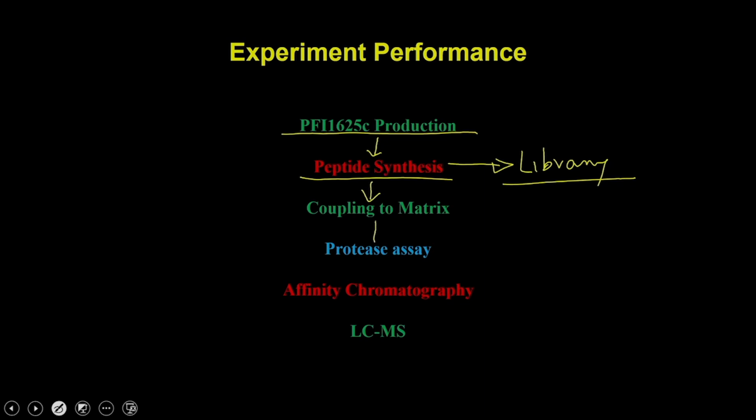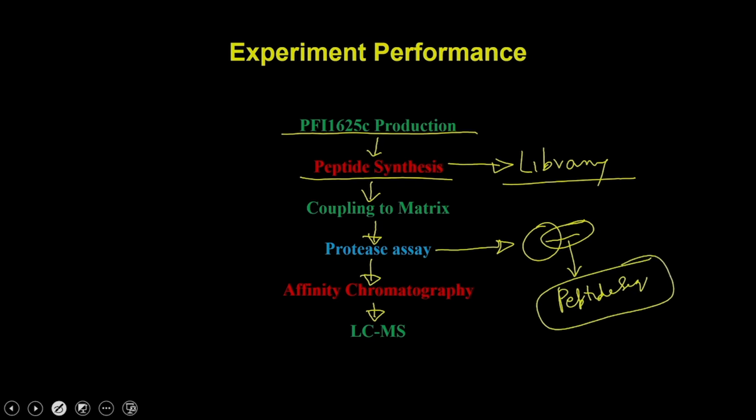Once you have done that, you incubate these with the protease assay reactions, and then you do affinity chromatography, so that the matrix-bound peptide remains with you. Then you do LC-MS of this peptide to identify the peptide sequence. If you analyze all the peptide sequences from this library, you will be able to deduce the peptide cutting sites for this particular protease.